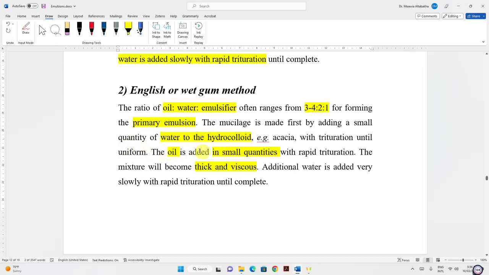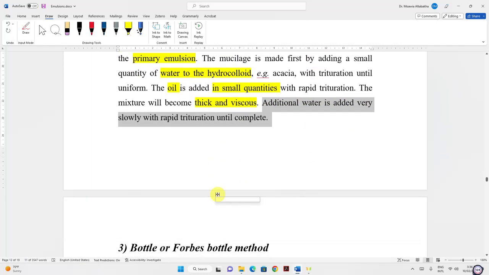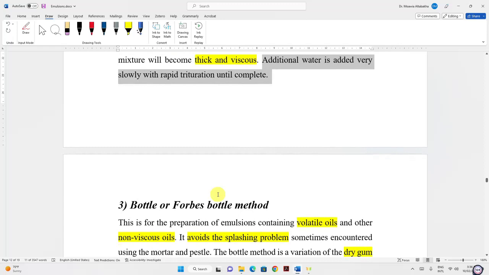Then you start adding oil in small quantities with rapid trituration until you see that the mixture is becoming thick and viscous. What does it mean when it becomes thick and viscous? It means that now they are inside each other. Okay? Then, after you have this thick and viscous preparation, you add the other water, طبعا with rapid trituration, until the emulsion is prepared.